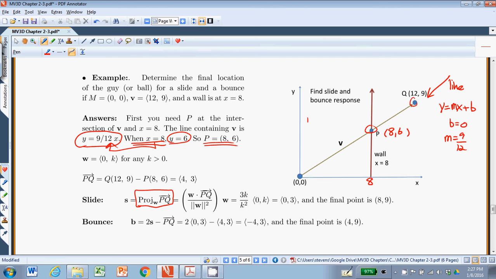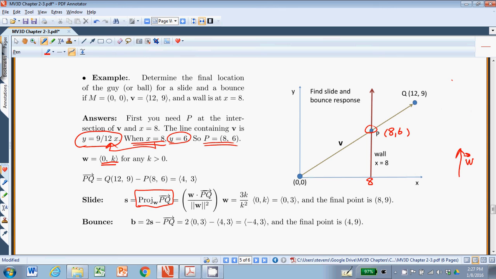And now I need this wall vector, but the wall vector is really easy to define in this case. It's a vertical line, right? When you look at this wall, W, that can be expressed as any vertical vector, 0, k.